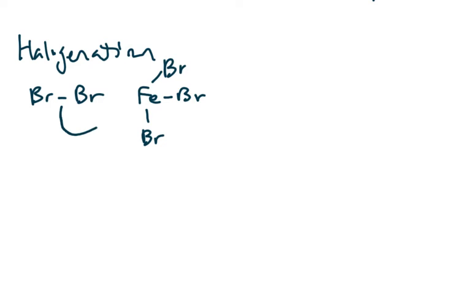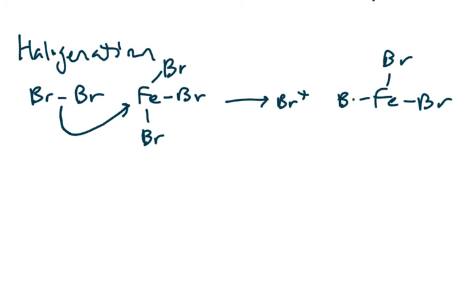One of the bromines is going to pack up this bond and go and attack iron, which is a metal, and so it's electron deficient. And this is going to get us a bromine cation and FeBr4. So this is our electrophile, this bromine.